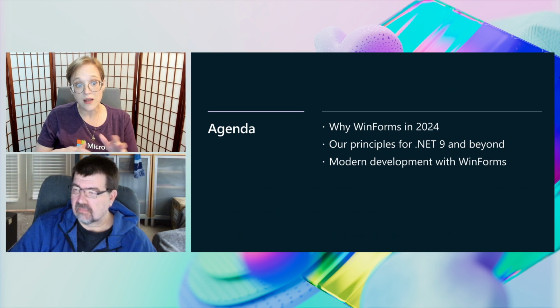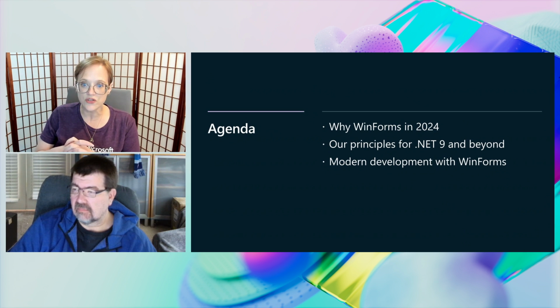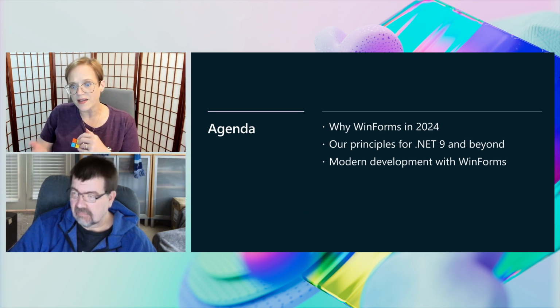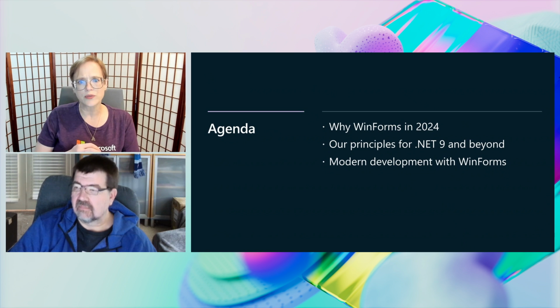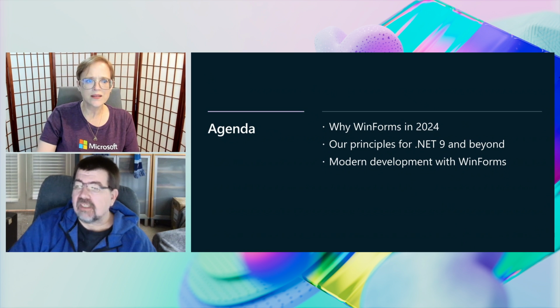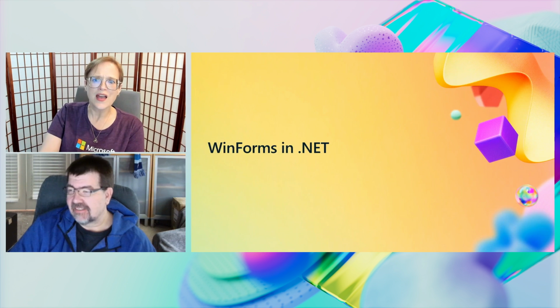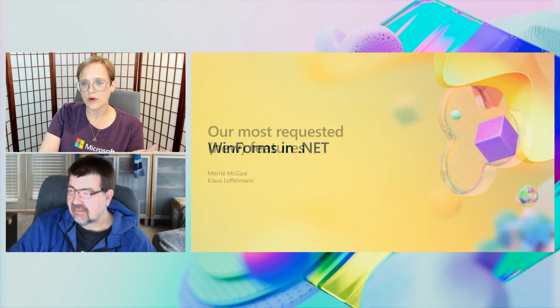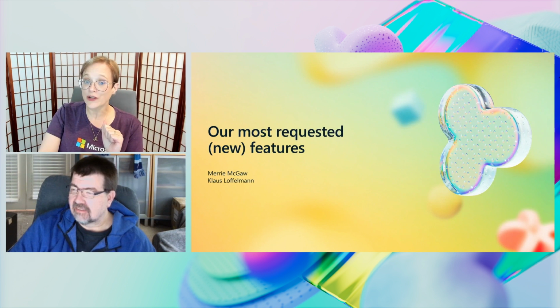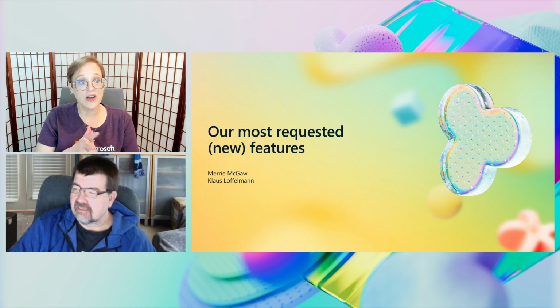And throughout all this, we're going to be sprinkling demos of some of the coolest new things that you'll be able to use in .NET 9 and even in some earlier releases. With some really cool surprises along, yes. Really cool ones.